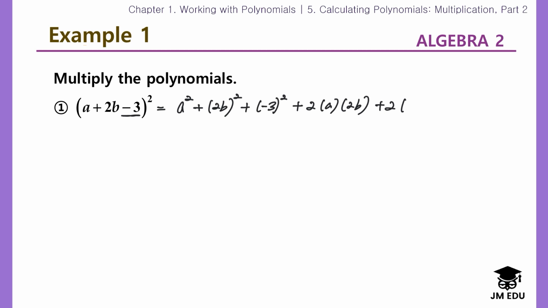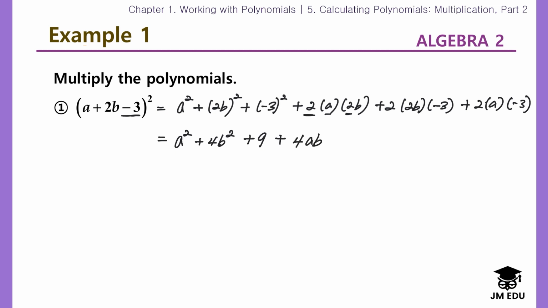The second term is 2b, third term minus 3, plus 2 times first term, third term. So that is equal to a squared. 2b squared is 4b squared, negative 3 squared, that's positive 9, plus here, 2 times 2ab, so 4ab, plus 2 times 2b times minus 3.